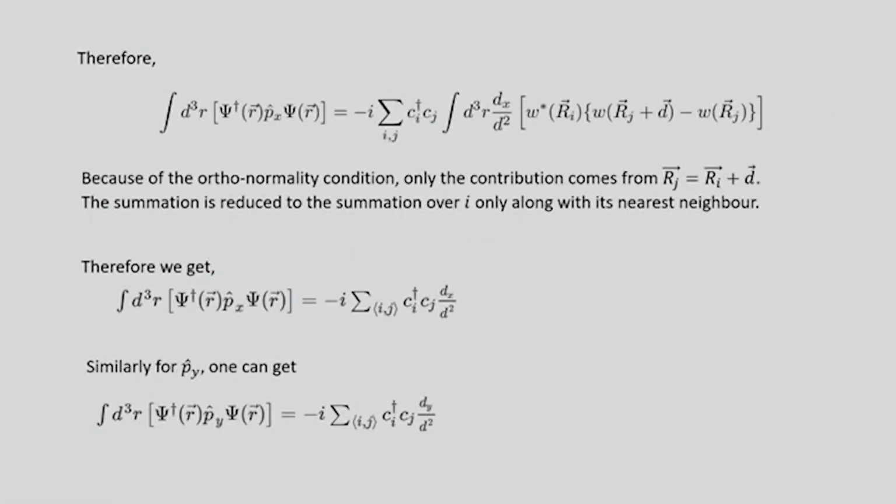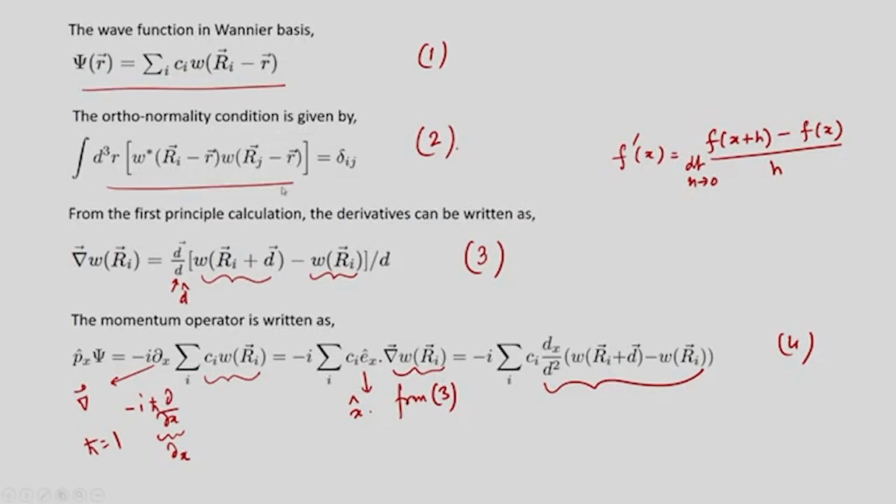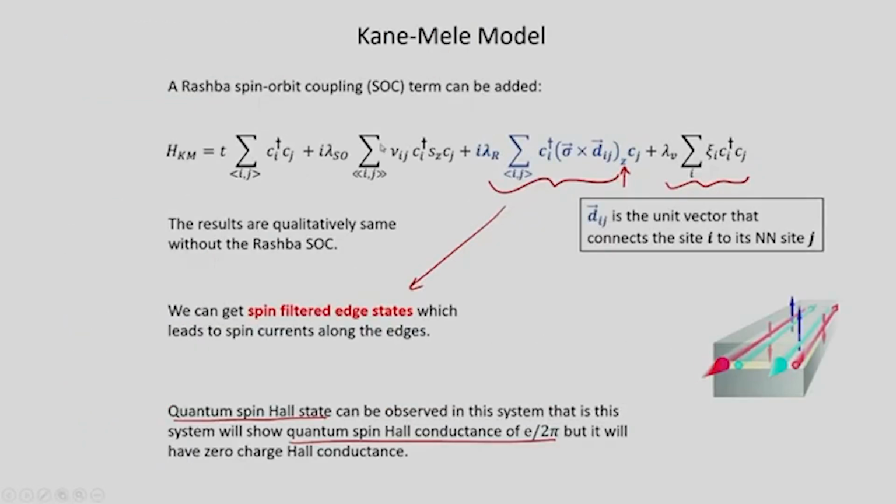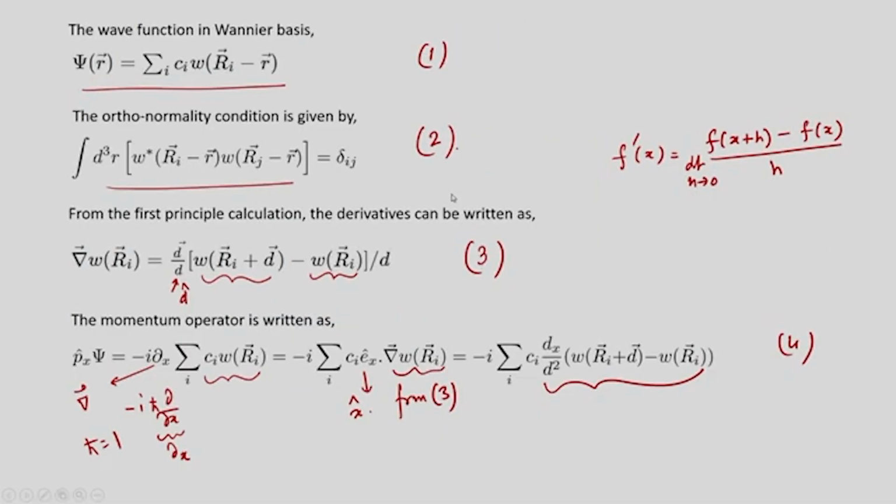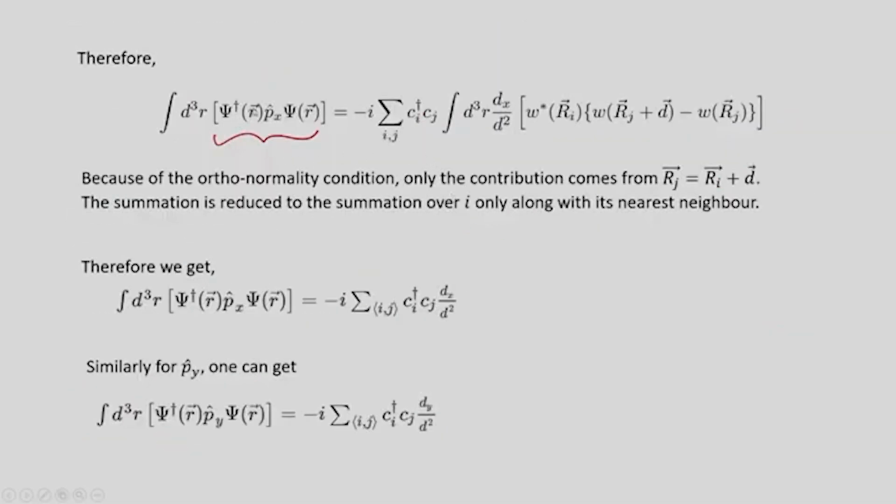We are ultimately interested in a quantity like this, psi dagger p_x psi, because that would be there in this kind of a term. So we are trying to get that here. Ultimately this will be related to the form that we just got, and then we write down, if you look at it carefully, it is pretty easy.